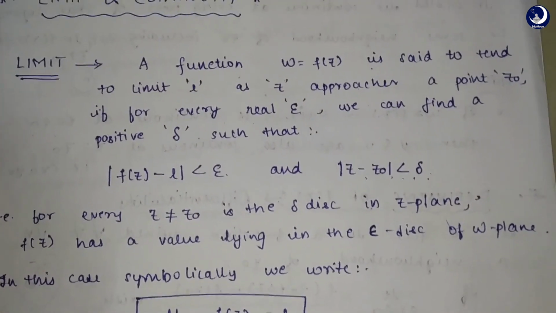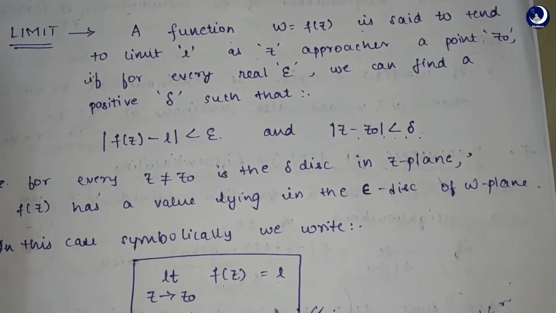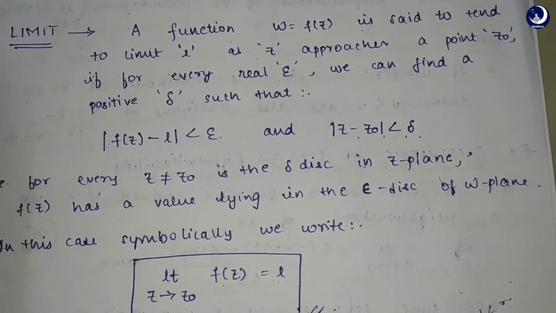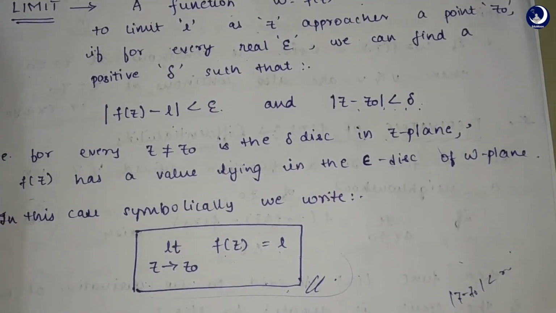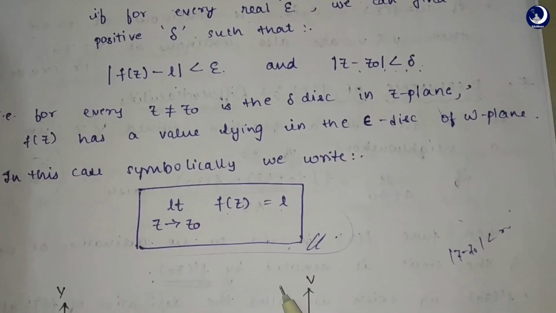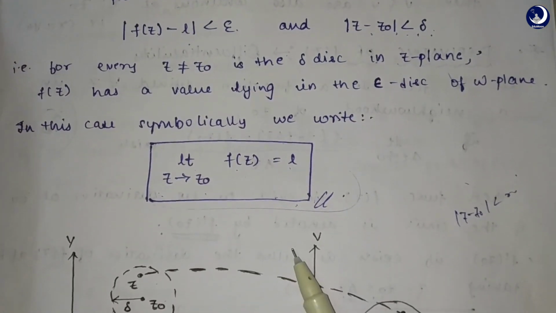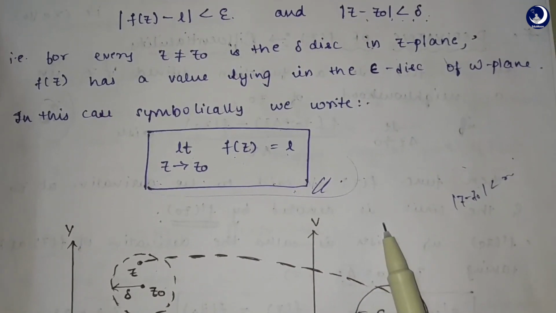A function w equals f of z, like our complex function, is said to tend to a limit L as z approaches a point z0, if for every real epsilon we can find a positive delta such that mod f of z minus L is less than epsilon and mod z minus z0 is less than delta.